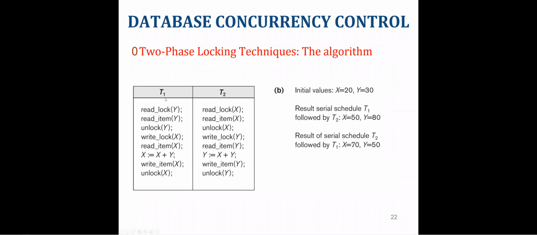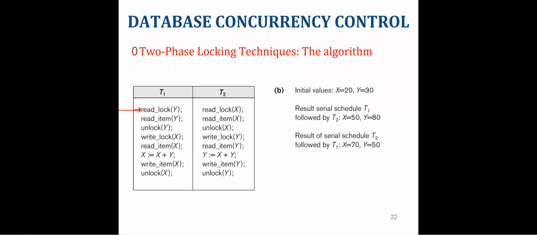Here we have transaction 1 and transaction 2. They are not following the rule of two-phase locking techniques. Okay, they are not following the rules, and if you just basically see it, you will know why, because you can see read lock. Okay, this is read lock, and write item, this is an operation.